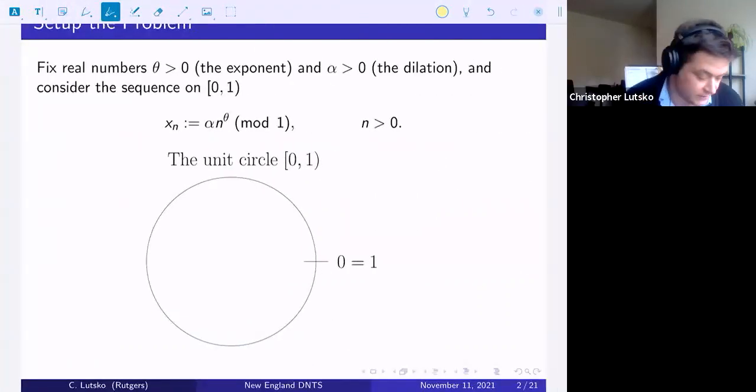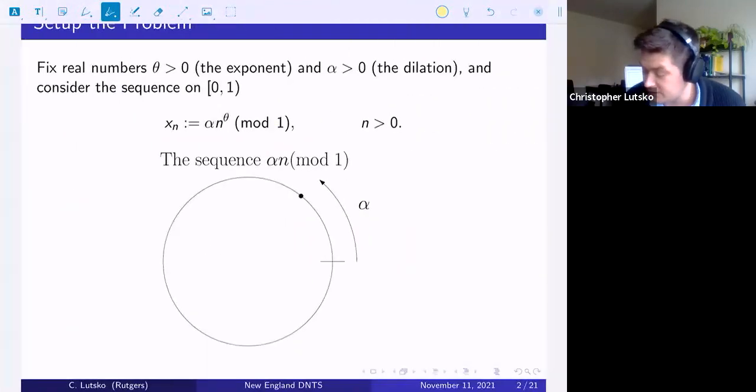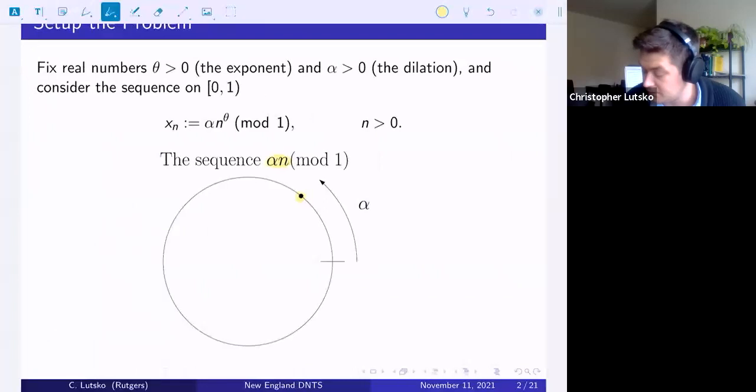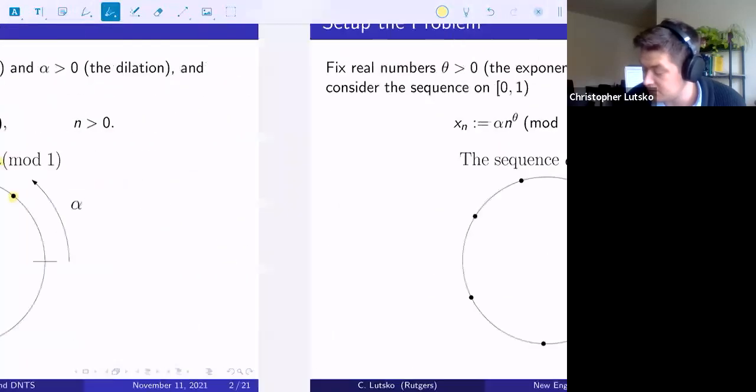Just to get your intuitions going, here I've drawn the unit circle. Because of our mod 1 condition, we can identify 0 and 1. If I'm looking at the sequence alpha n, so here my exponent is 1, then we're talking about rotations by angle alpha. So we have 1 point here. This is alpha times 1.